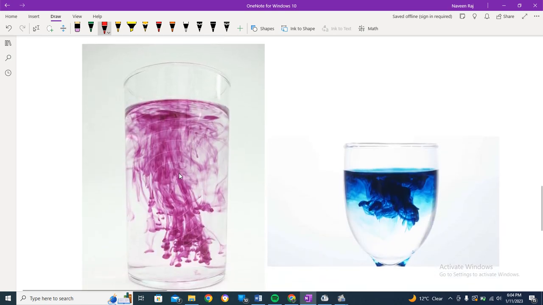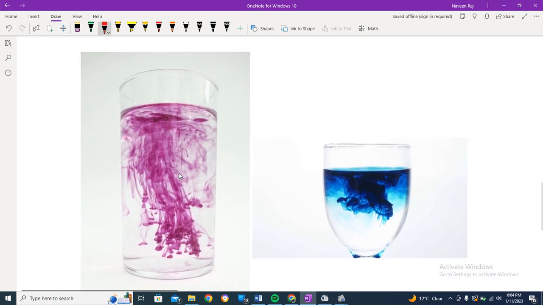And here we have another point, that is the diffusion of ink into water. What's the reason behind it? It is all because of diffusion. Hopefully in the next video we'll take up this topic, even though it is not that complicated. We have discussed diffusion before, and why it does not happen that fast, because diffusion rates matter.